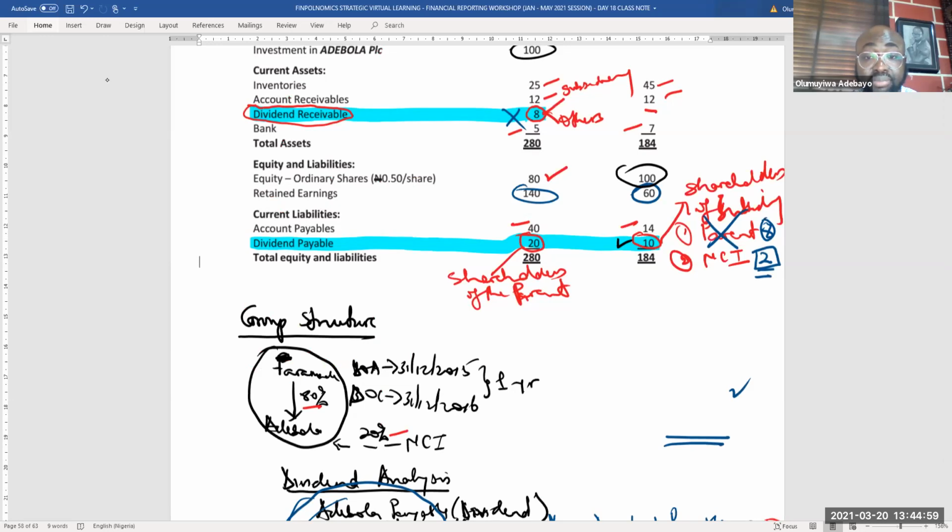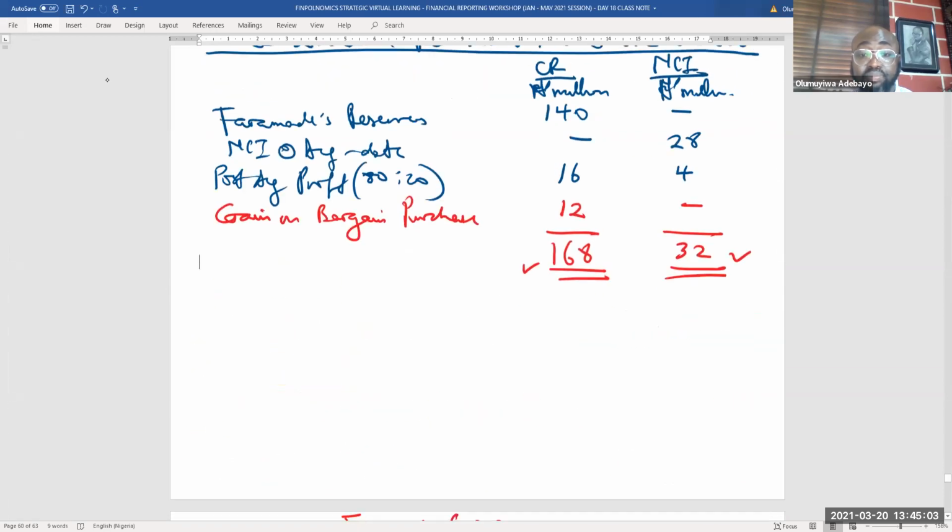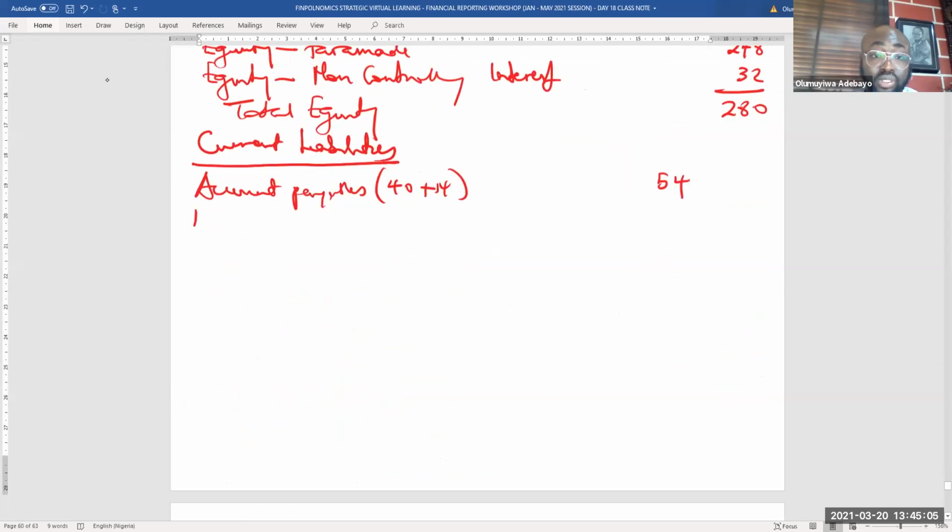We have dividend payable, which is for the parent. I'll show that separately. Dividend payable. I'll break it into two. One payable to Farmadi's shareholders.